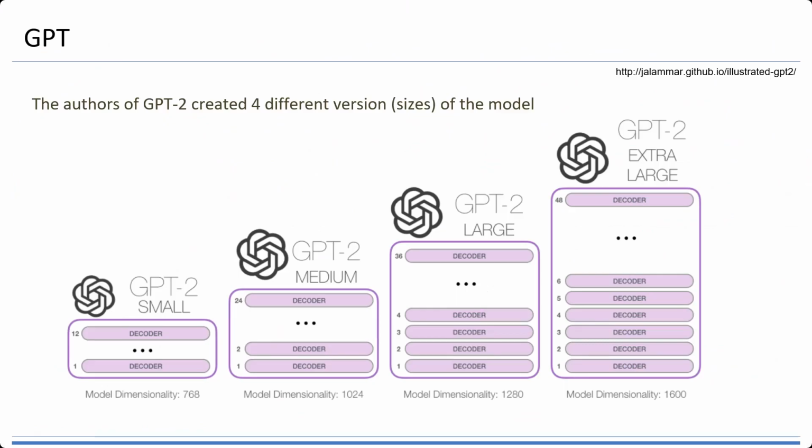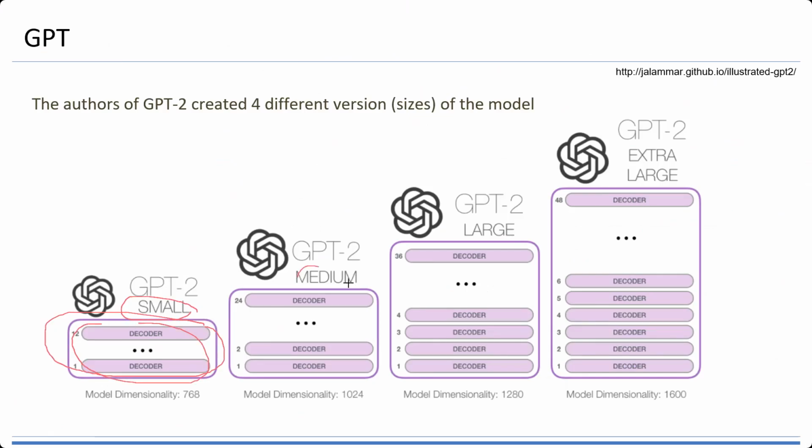In GPT, there are actually several versions, and the version depends on the size. There are GPT-2 small, GPT-2 medium, GPT-2 large, and GPT-2 extra large. What is the difference? The difference is the number of decoders. If it is small, there are only 12 decoders.